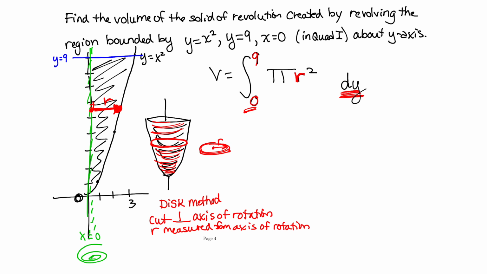I'm just going to put it off to the left in a little think bubble. My little think bubble says my radius is the right side minus 0. But I have to change it in terms of x, so I have to solve for x. So my radius is square root of y minus 0, or just square root of y.